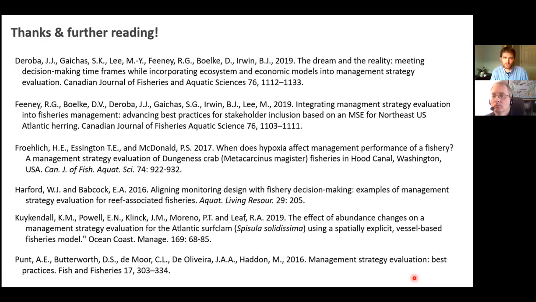One thing that I glossed over a little bit is that there are two different ways that people talk about MSE. The full MSE that I described here involves stakeholder participation, et cetera, and in a full MSE you're definitely interested in what's going to happen in the future. The other way is what they call desktop MSEs or MSE Lite. That's a similar process, except you're not engaging with the stakeholders.